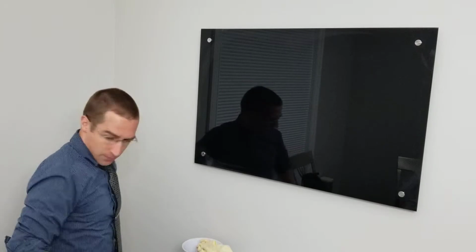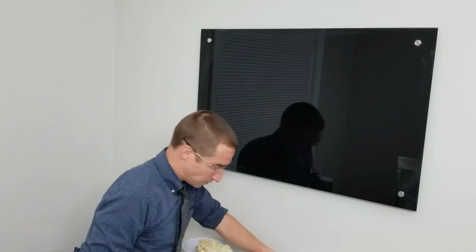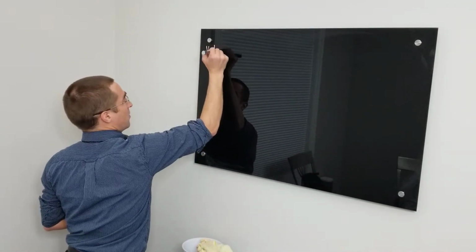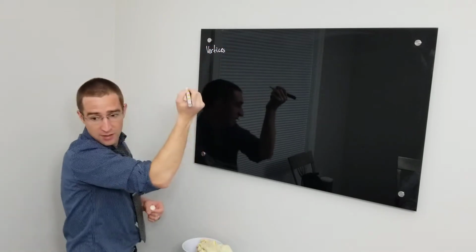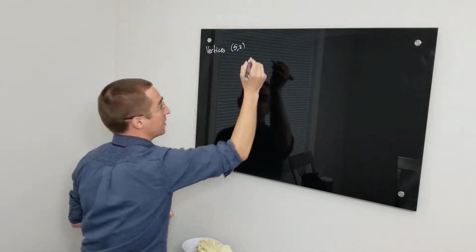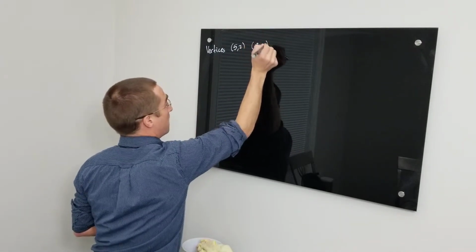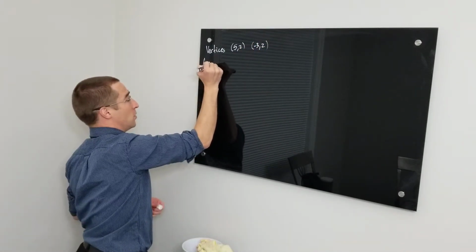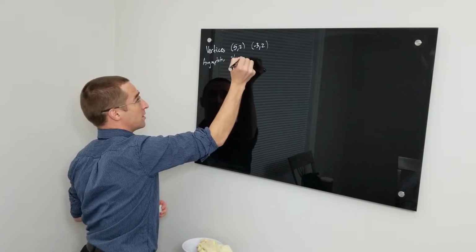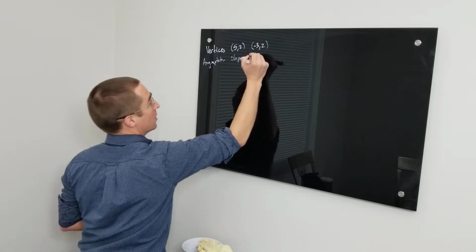Okay, example 2. Sorry, it's kind of like example 4. It's example 2 from this video, but it's example 4 from other videos. So here we go. We have vertices at 5, 2 and negative 3, 2. And we know that the asymptotes have slopes of plus or minus 1/2.